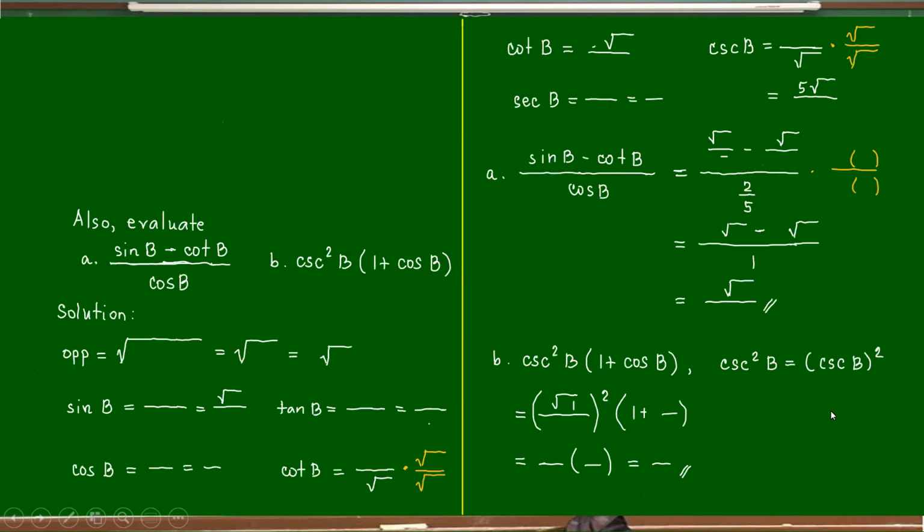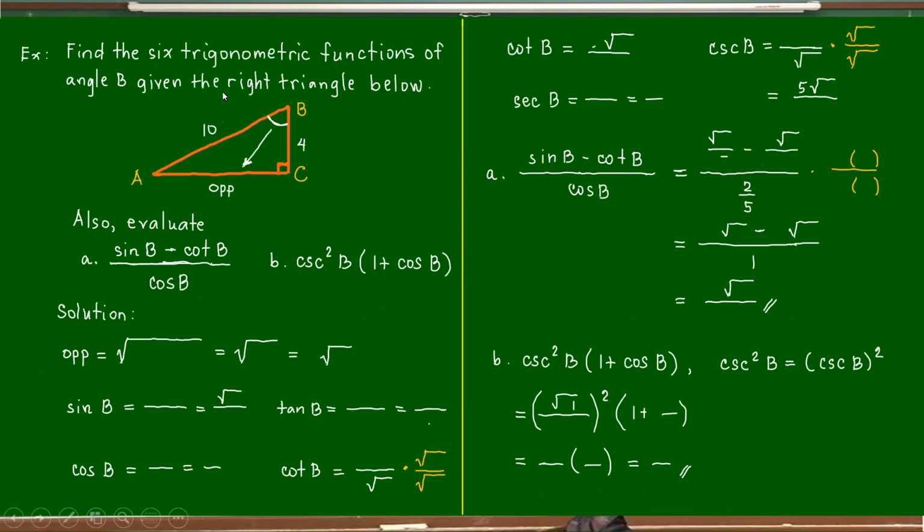So let us have another example. Find the 6 trigonometric functions of angle B given the right triangle below. So this time, I want the trigonometric functions of angle B. Relative to angle B, the opposite side is AC, while BC is the adjacent side to angle B, and the hypotenuse is 10.